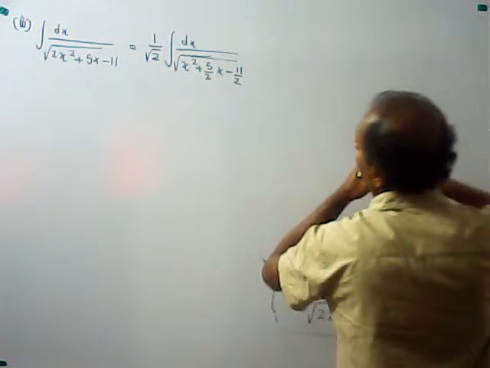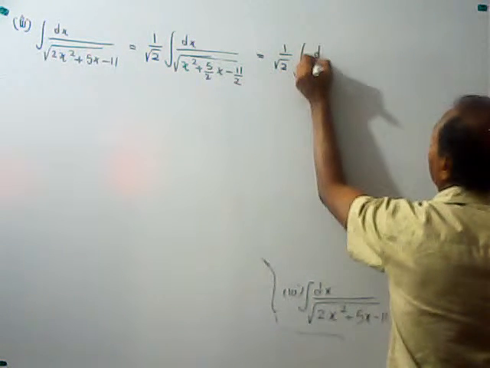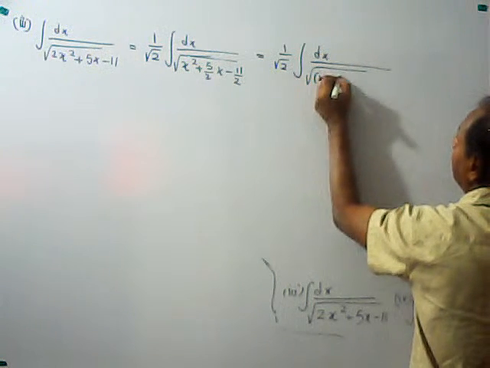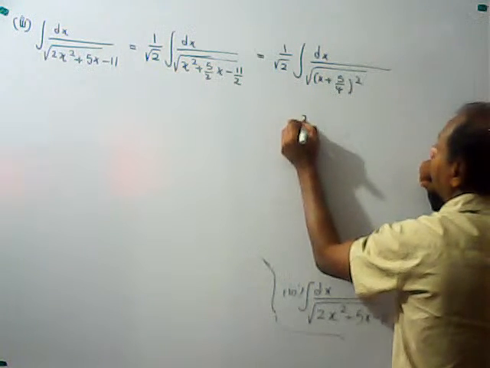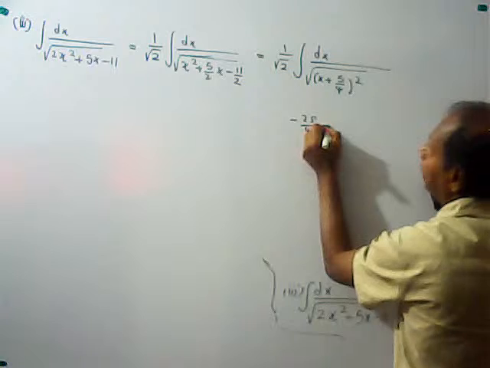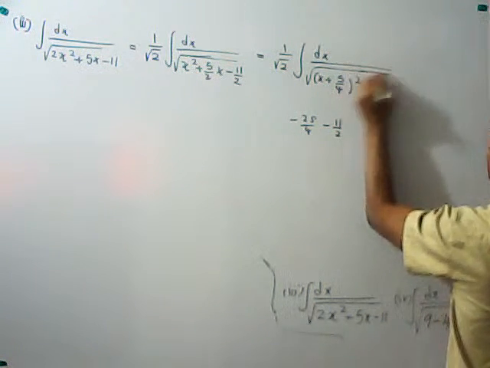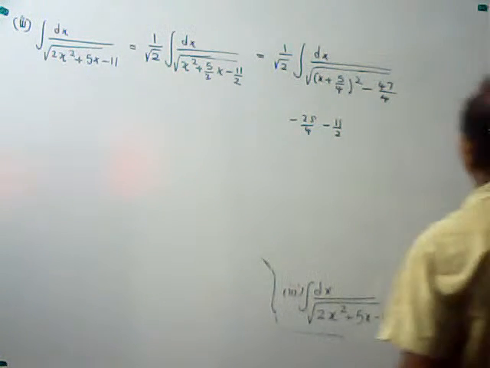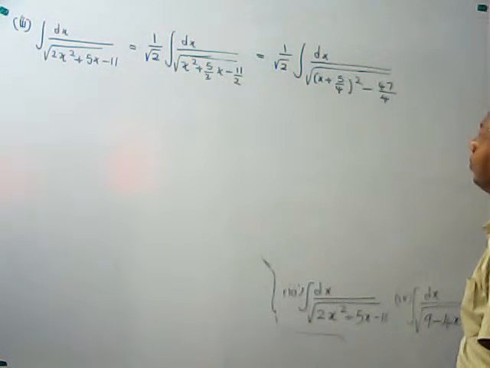Now completing the square: square root of (x plus 5 over 4) squared, that's minus 25 over 4, minus 11 over 2, 22 over 4. That would be minus 47 over 4.